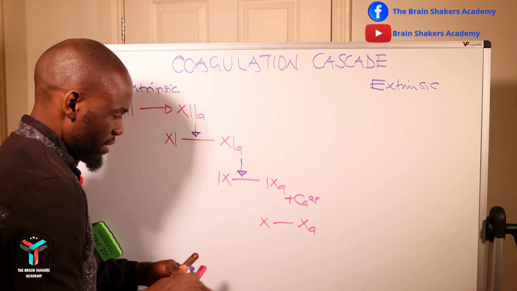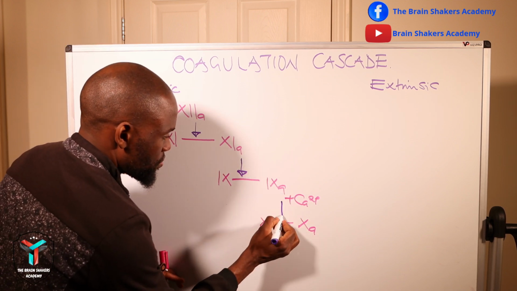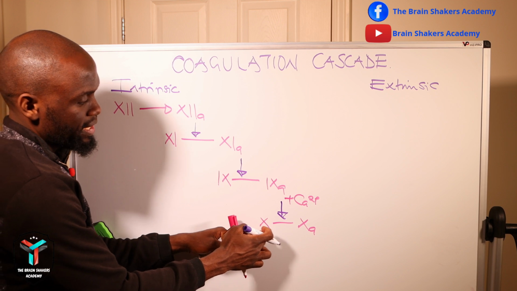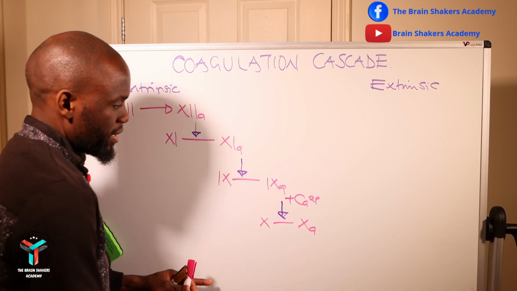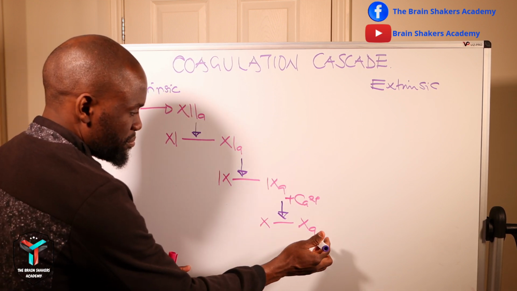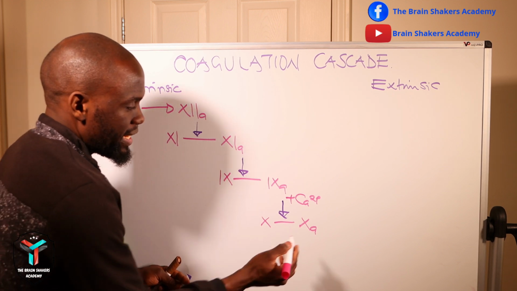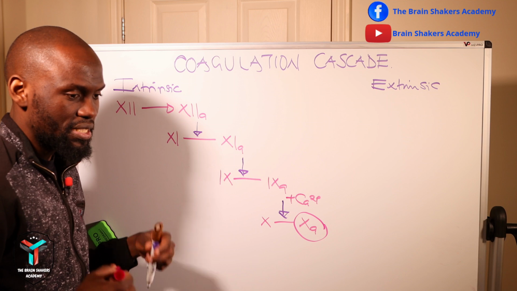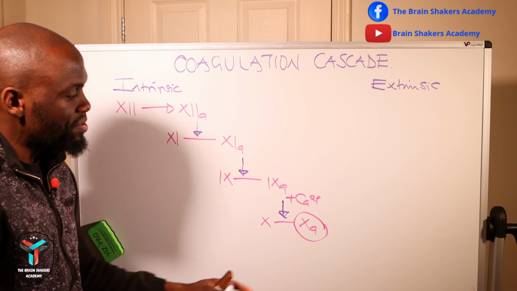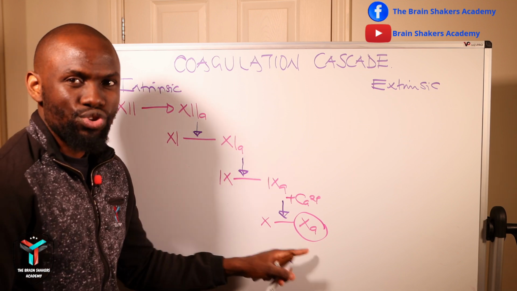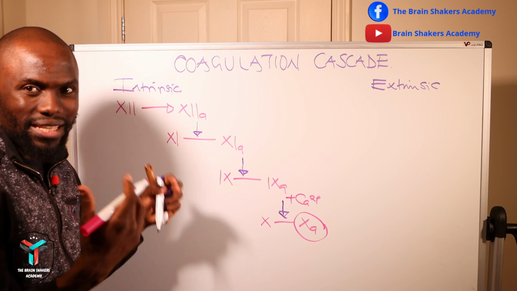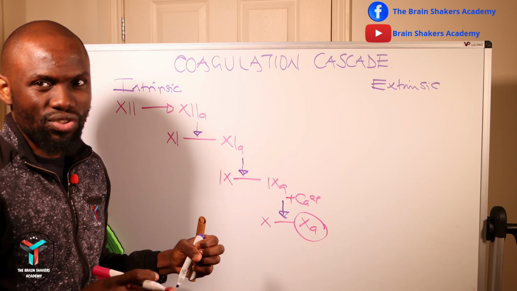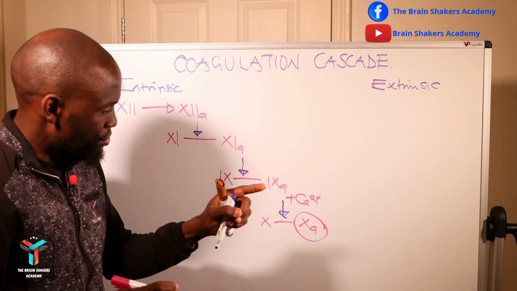Okay, so that complex will now help in the conversion of factor 10 into factor 10A. Now, when factor 10A has been generated, it is considered a prothrombin activator, an active form that has the capacity to change prothrombin from its inactive form to its active form, which is known as thrombin.